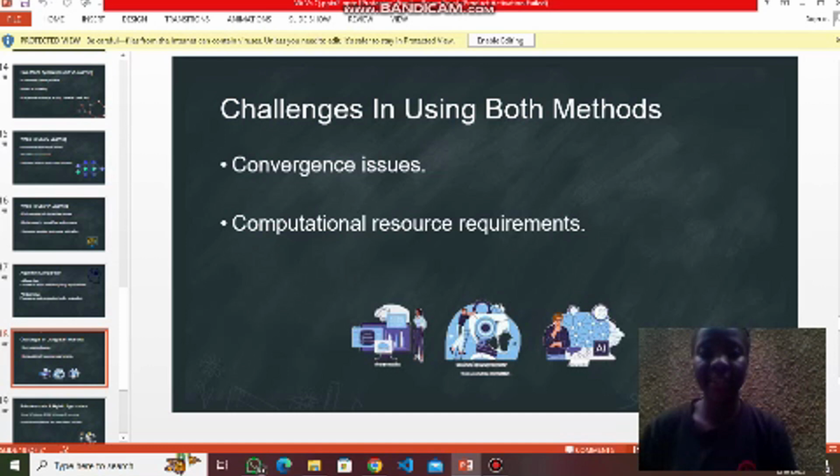So the challenges in using both methods: so far we've seen that Q-learning is used on small states and V-learning is used on large states, but in the end they all have challenges. One of the challenges which affects both is convergence issues.